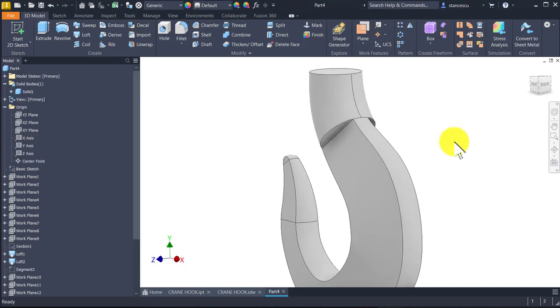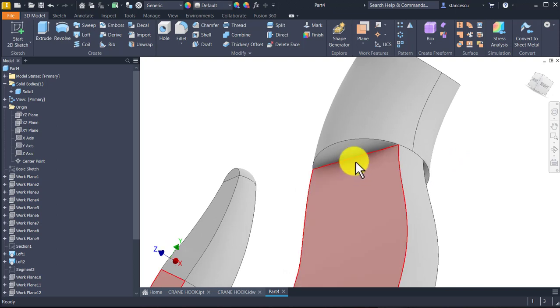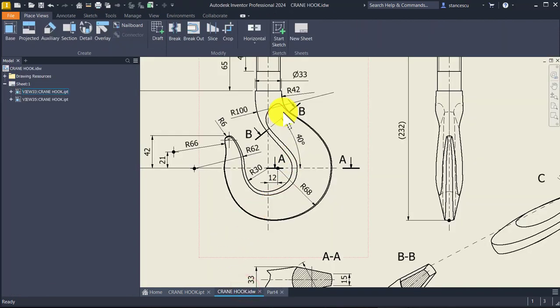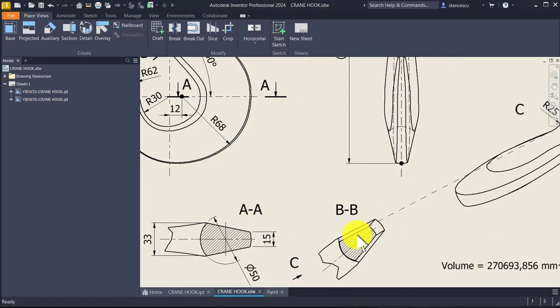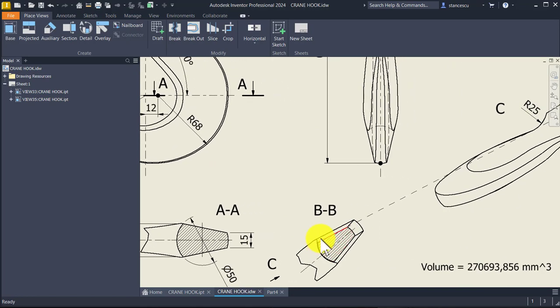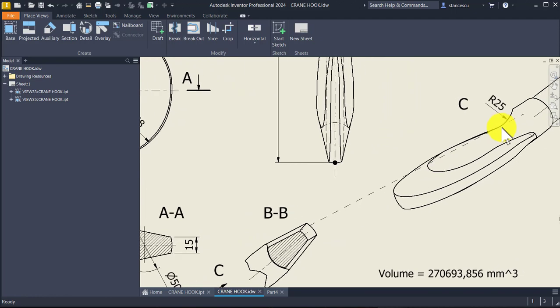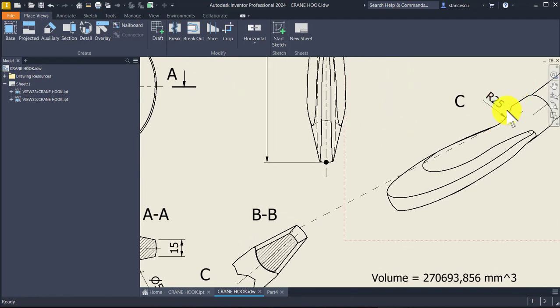Now let's see how to create that fillet here. As you can see, and as I said at the beginning, this section BB is this one, and the line goes to this radius.